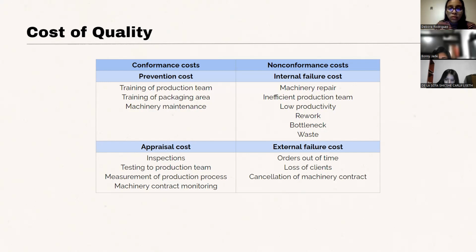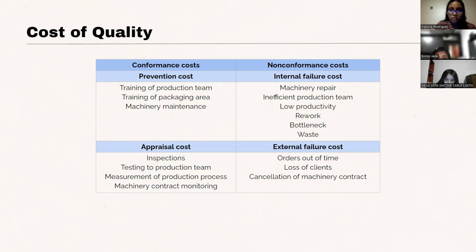Appraisal costs are the costs incurred for the evaluation in each phase of the project, for example, evaluating the production team to know if they are complying with the established improvements, if these improvements are satisfactory, and measuring productivity.